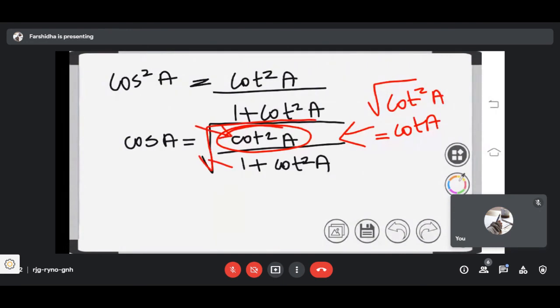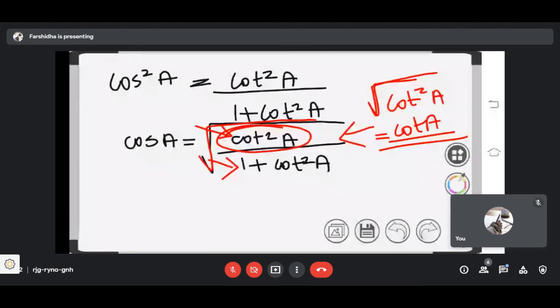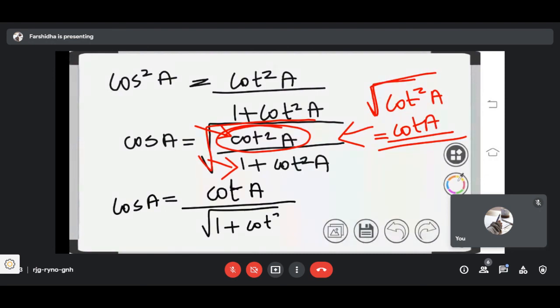When I give it to the numerator, the square gets cancelled. The root of a square is that number, so the root of cot square is cot A. So cos A is equal to cot A divided by root of 1 plus cot square A. When you remove the square from here, the root is also removed from the numerator side.